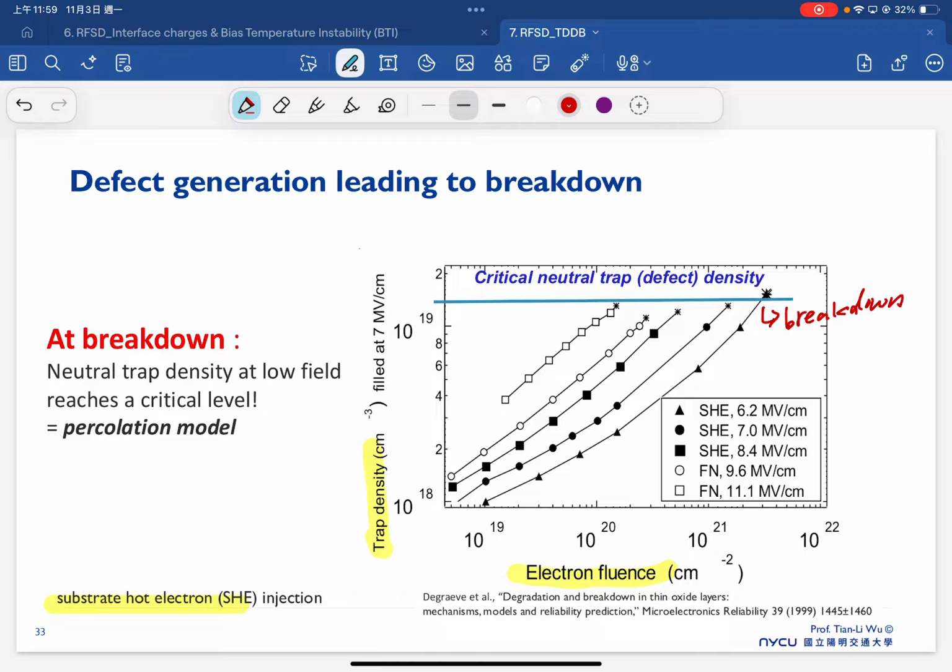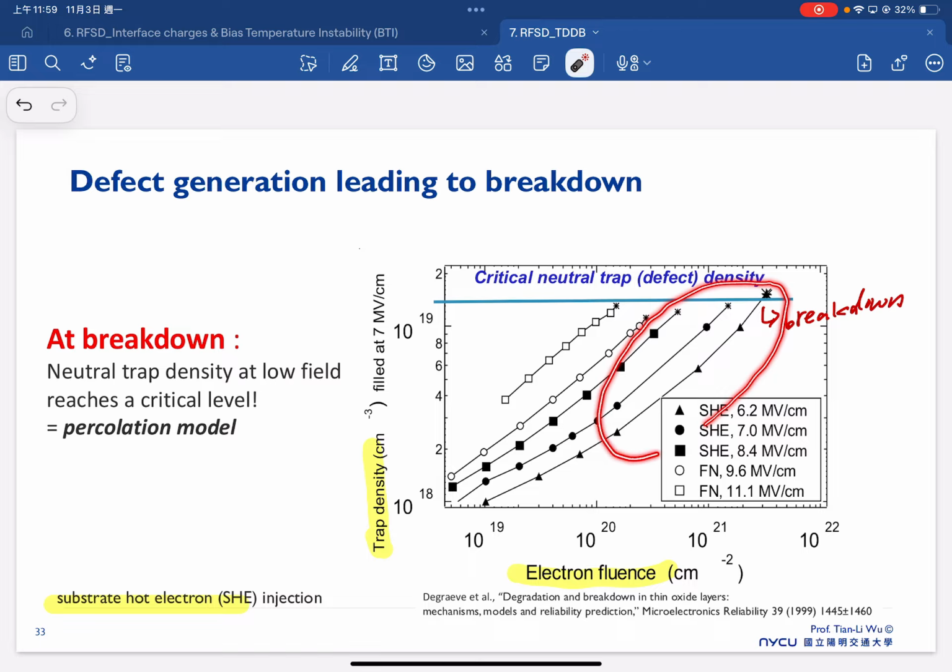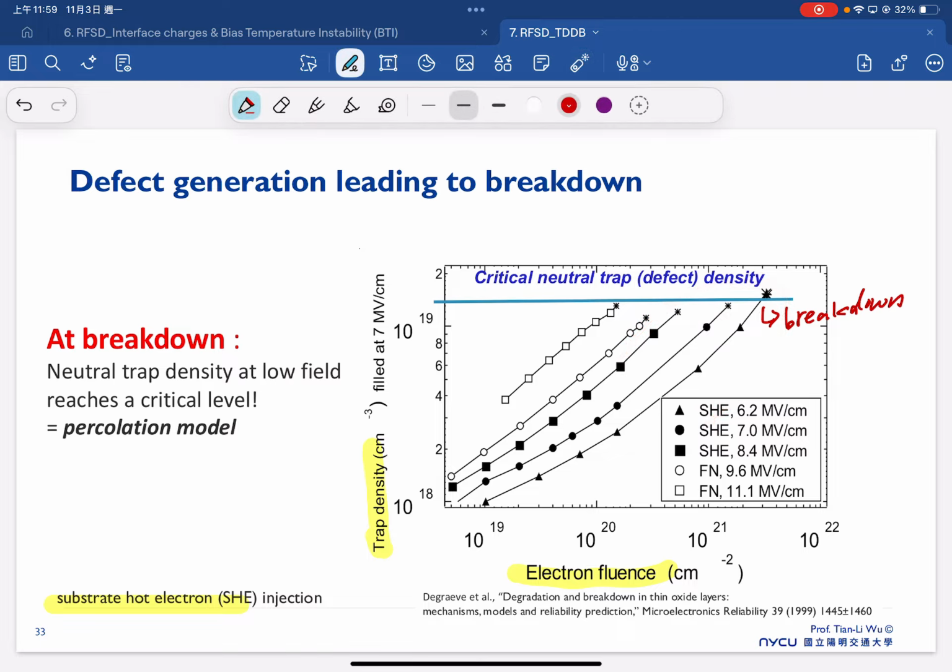And also, at the breakdown, the neutral trap density at a low field reaches a critical level. This is a low field here. It always reaches the critical level of the trap density. And this investigation provides us an understanding.